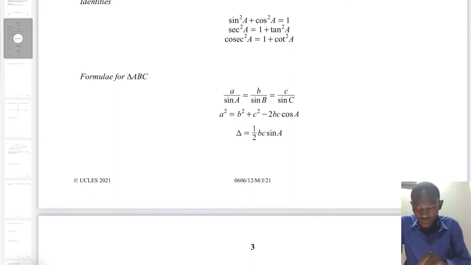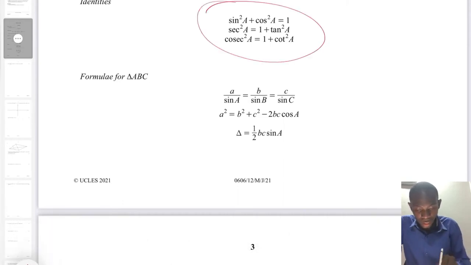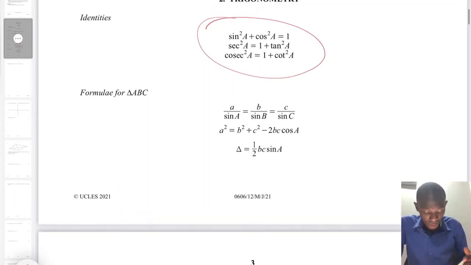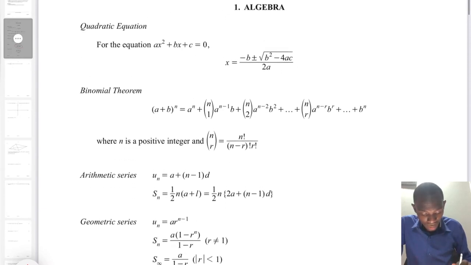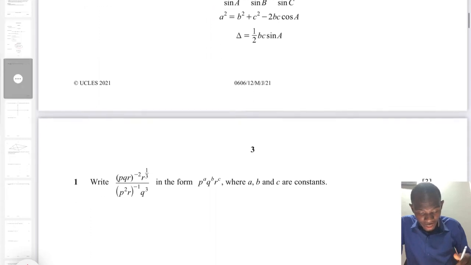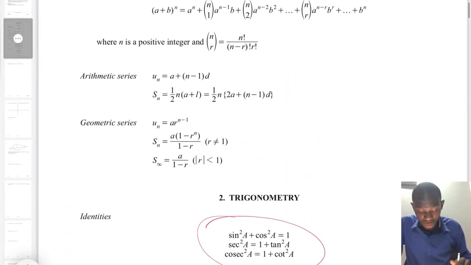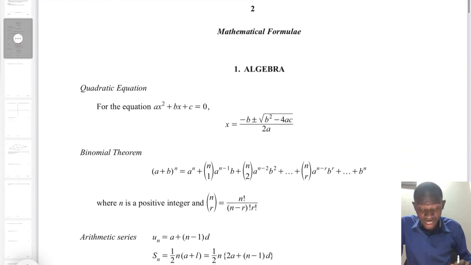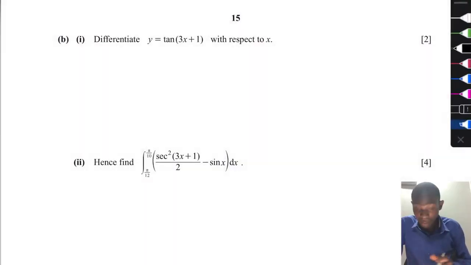On your trigonometry section, they have given you the identities that you use in trig functions. Please pay attention to the formula sheet. But what I really want us to check is if they have given us the calculus part, where when you differentiate something, you get another thing. Unfortunately, Cambridge will never give us that, so you have to learn it on your own. You have some learning to do.